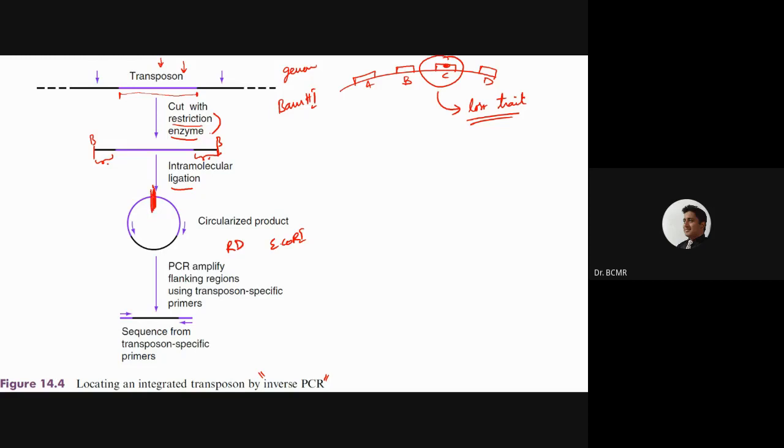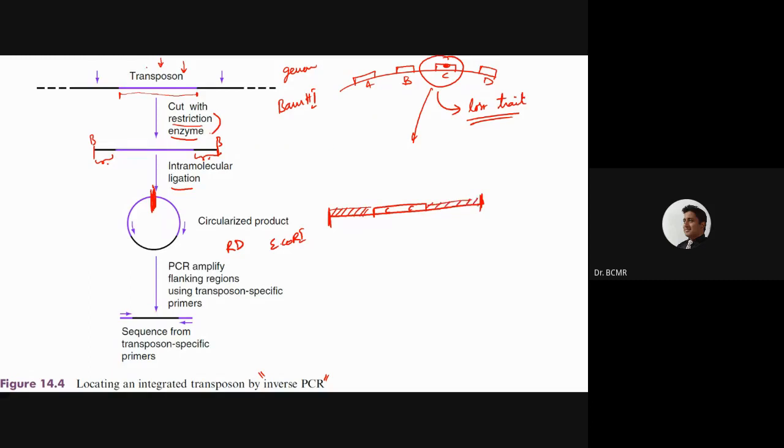Now, if it is cleaved here and you stretch it out, what will you get? You will get this was the parts of C, the gene C here, and these were the parts of the transposon, right?